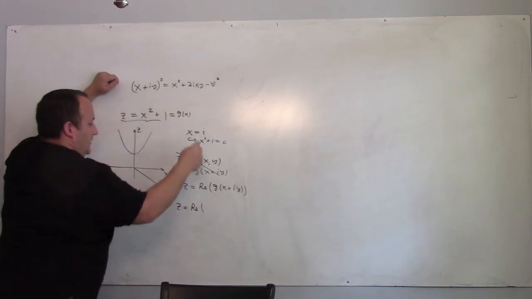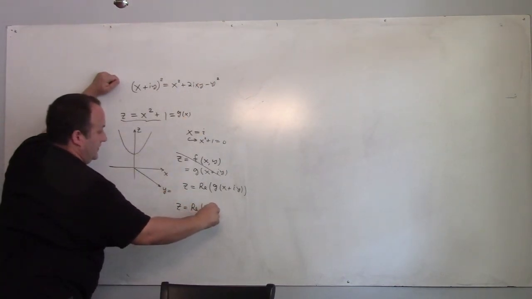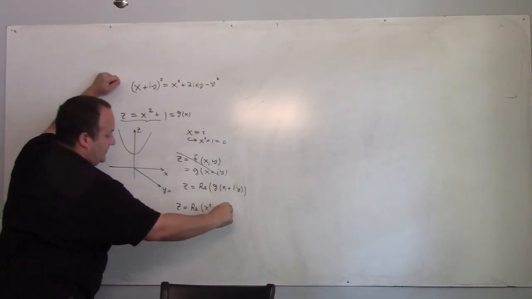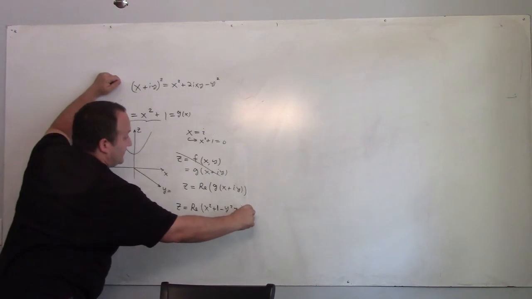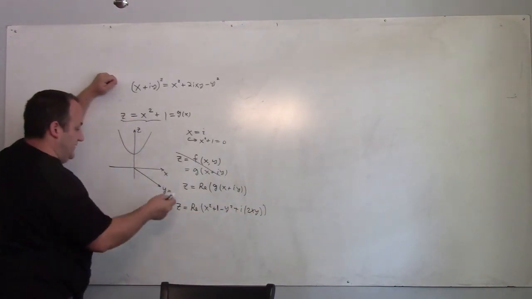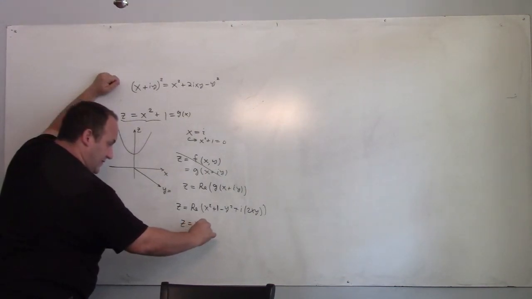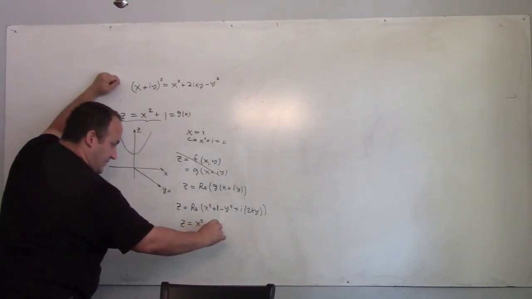Mm-hmm. And so you get x squared plus 1 minus y squared plus i times 2xy. So this thing they're talking about is actually z equals x squared minus y squared plus 1.